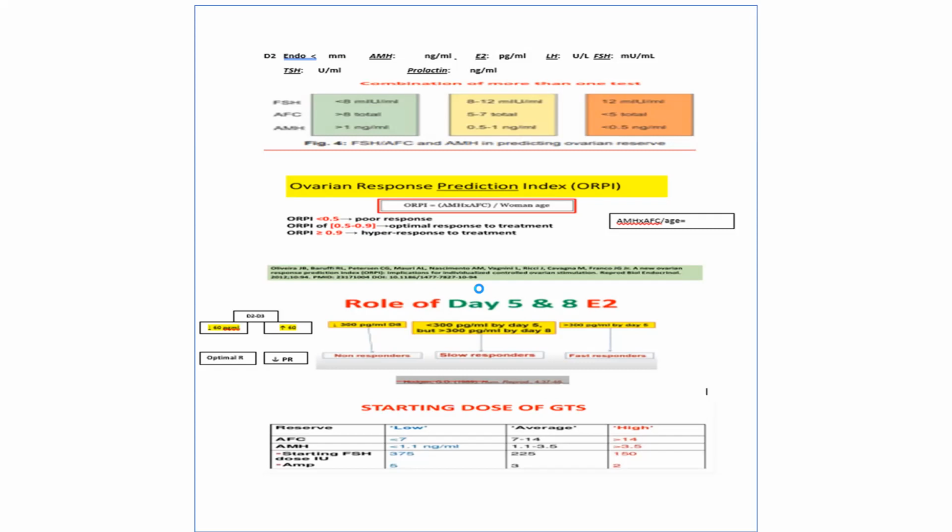But if the patient has a high antral follicle count, more than 14, anti-Mullerian hormone more than 3.5, and FSH less than 10, you can start with 2 ampoules daily because she is liable to be a good responder. And in between, you can use about 3 ampoules in the cycle.